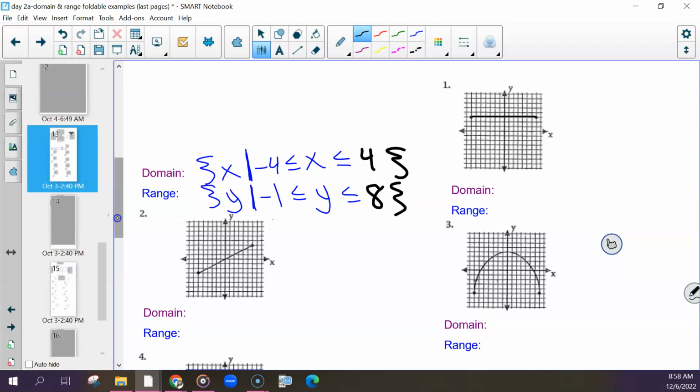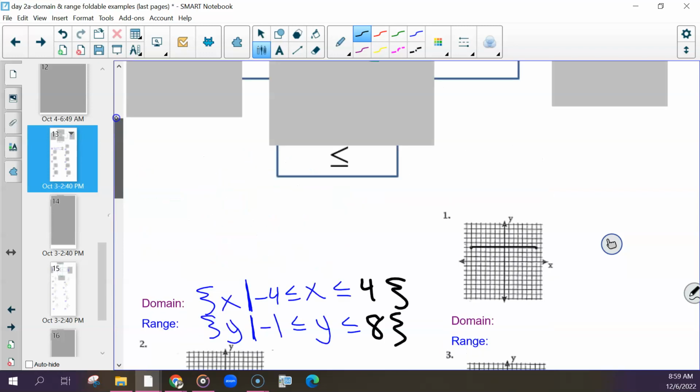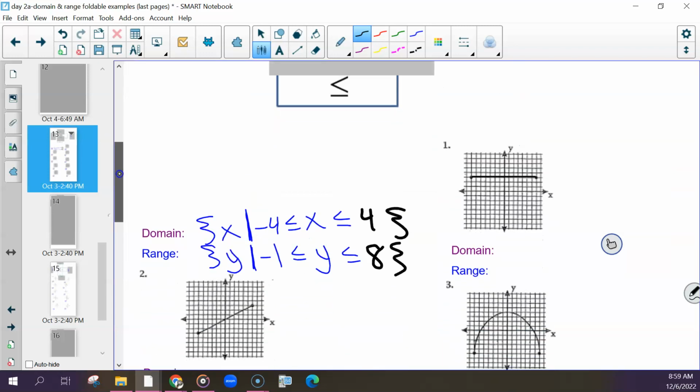After you have your domain and your range written, take that graph and glue it somewhere around your written domain and range. We're not going to go through all of these together. You'll have time to do some of that. But we're going to go through some of them and then move on to the others. If any of your glue sticks have dried out, let me know.